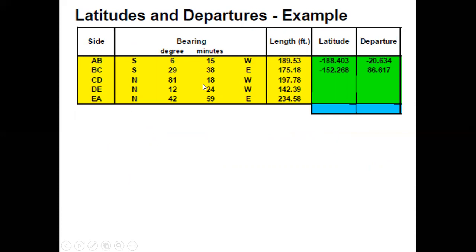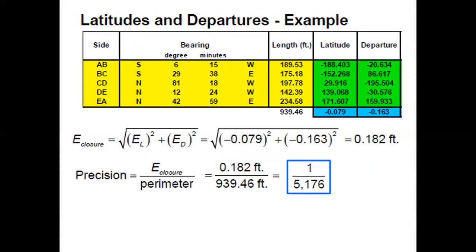So we can tabulate our values: the given side, the bearing, and the length, then the latitude and departure values. By doing the same process for the remaining sides, we can obtain the following values for the latitude and departure. We can sum the lengths, starting from side AB to the last side, EA.